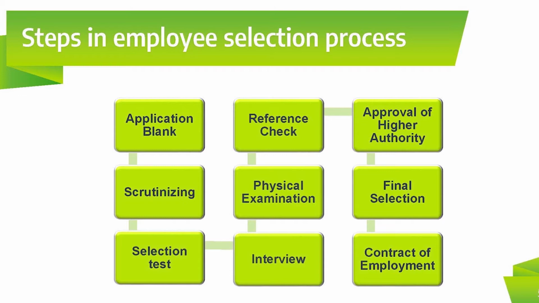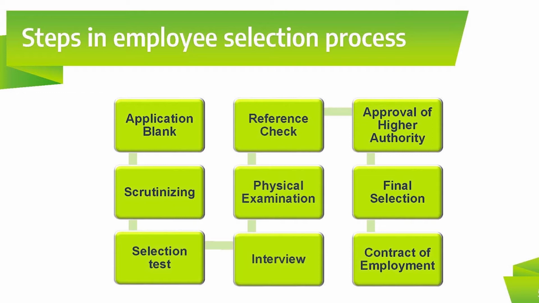If the candidate qualifies in an interview, sometimes they are called for physical examination because a person of poor health cannot work completely. After which the selection committee sends the list of candidates selected, with some candidates kept in waiting list, for the approval from the higher authority. Then the successful candidates who pass through these various steps of selection process are called for final interview.